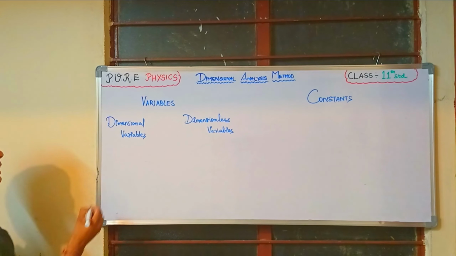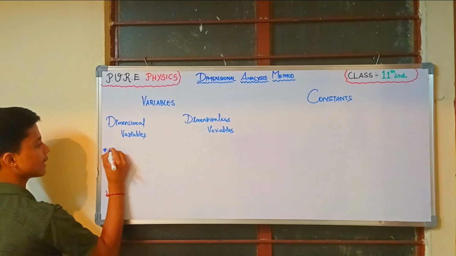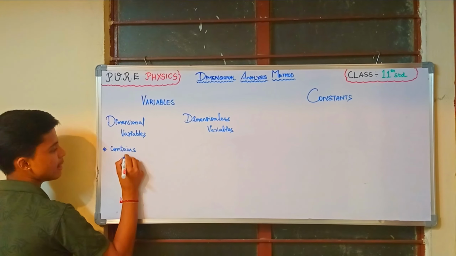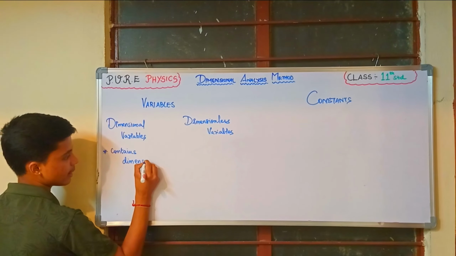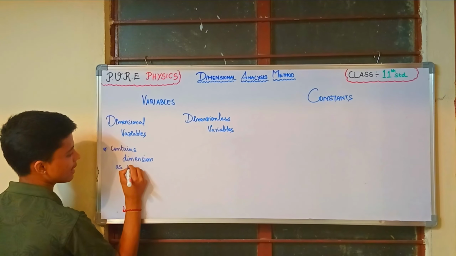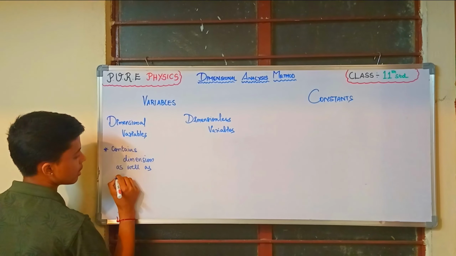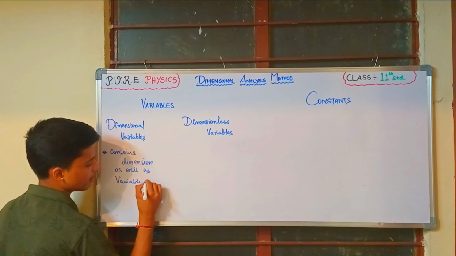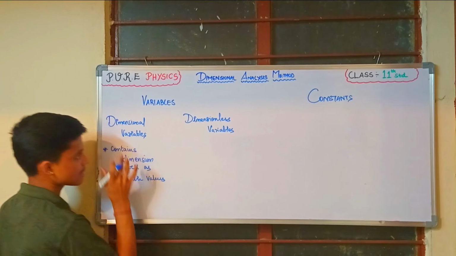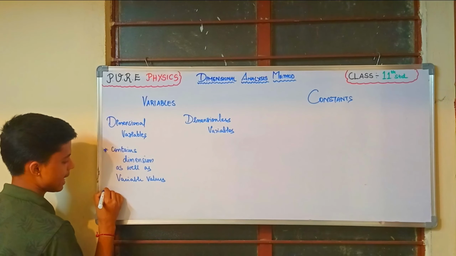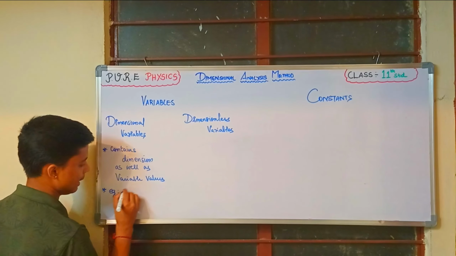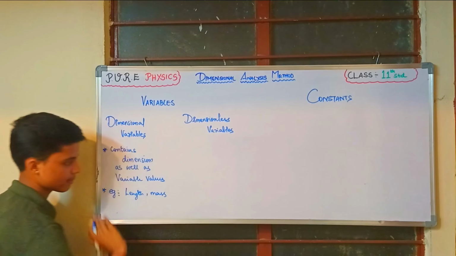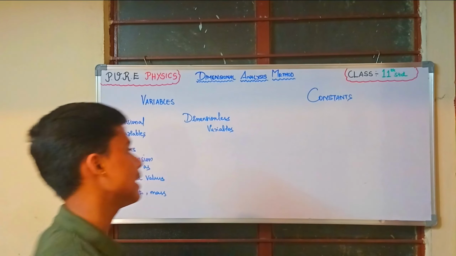So the physical quantity that contains dimension as well as variable values is called a dimensional variable. Examples I can give you are length, mass, etc. So these are dimensional variables.